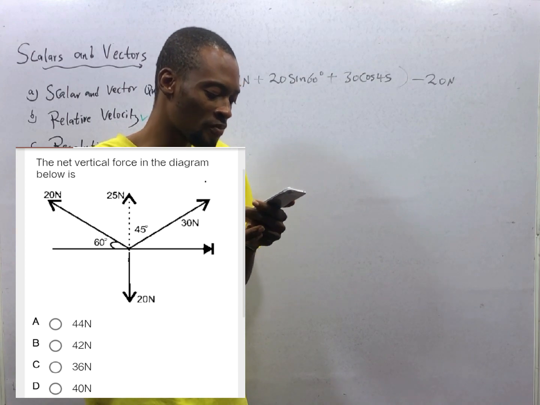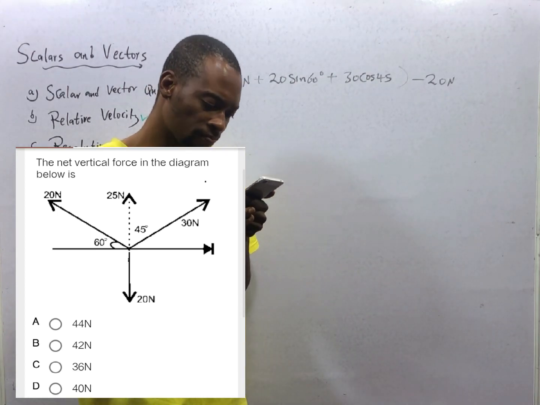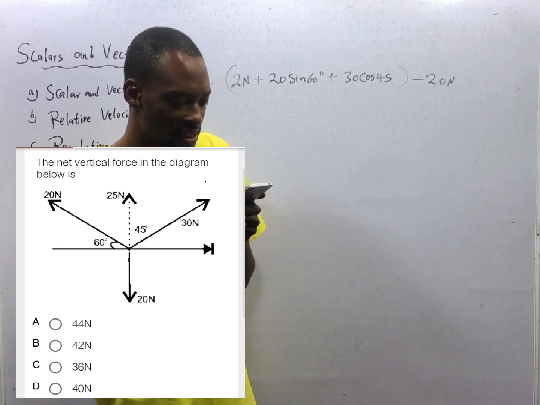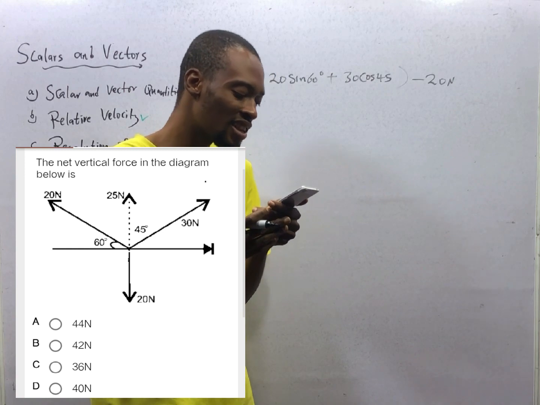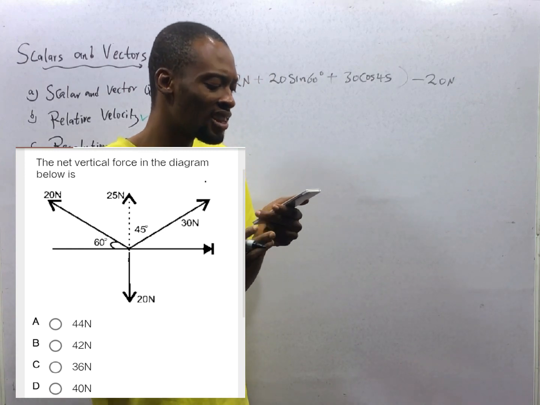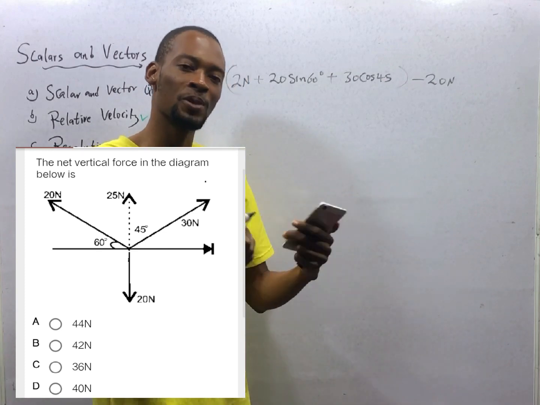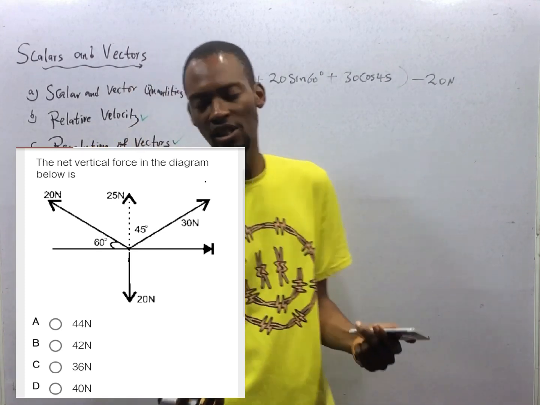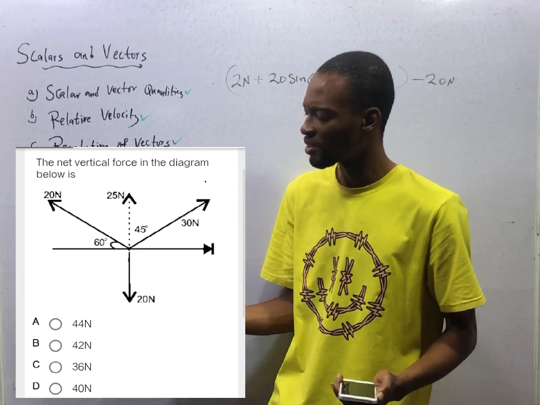If we are looking for the net horizontal force, it will be 30 sine 45 degrees minus 20 cos 60 degrees. And the resultant will obviously be vertical force squared plus horizontal force squared. The direction will be tan inverse of vertical over horizontal.